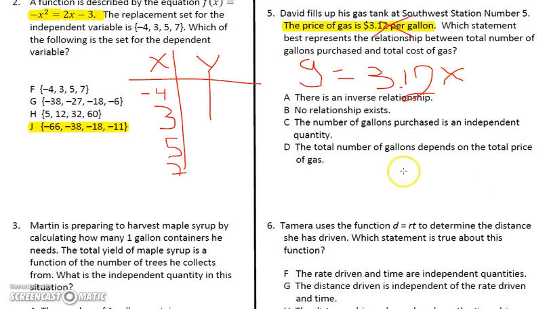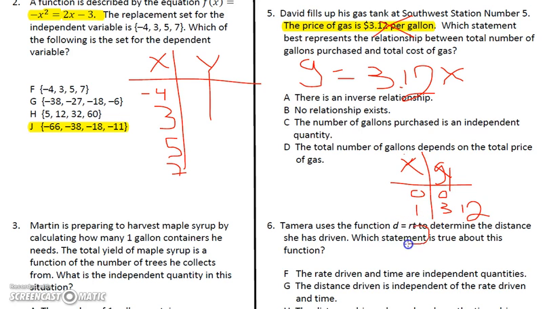So what do I know? Well, if I get confused, I make a table. I say, okay, this is X, this is Y. And what is X representing? X is representing the number of gallons. And what is Y representing? The amount of money I'm going to pay. So if I don't buy anything, I don't pay anything. If I buy 1 gallon, I pay 3.12.